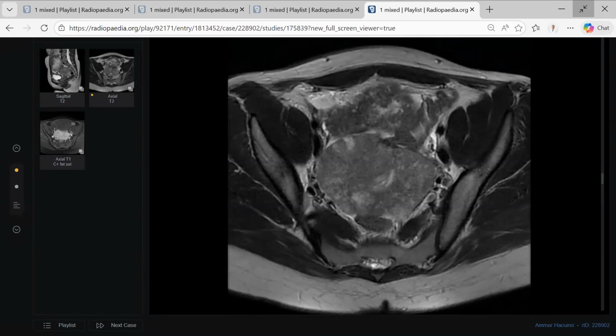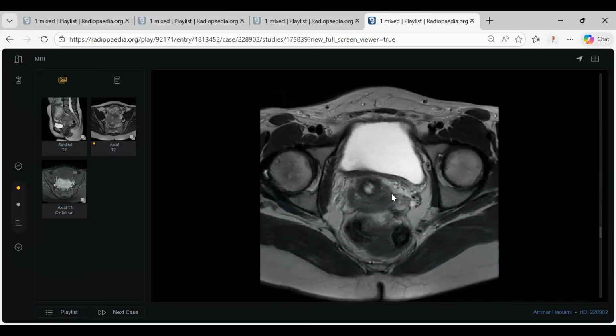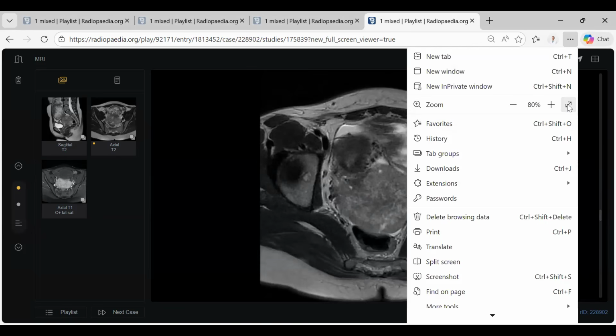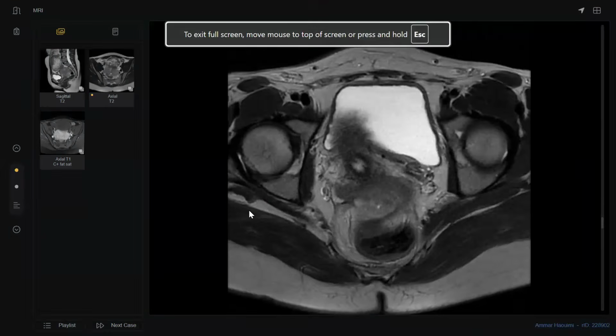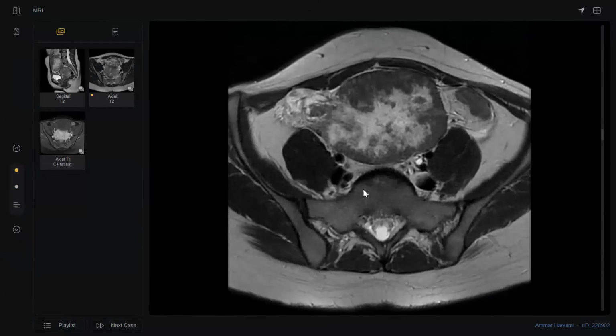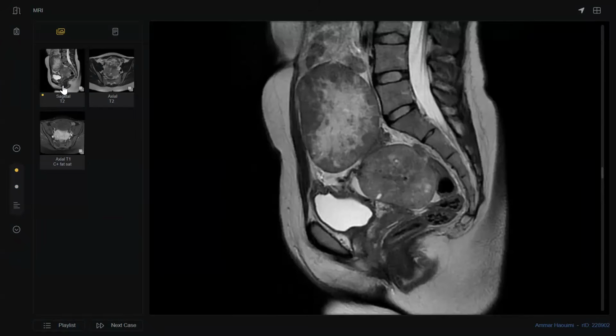However, both ovaries are not separately visualized. I want to see the sagittal images to further confirm the origin of these masses.